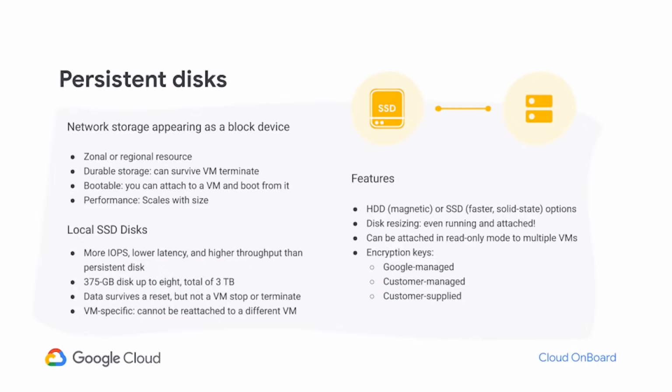And if you're looking for non-persistent storage, then local SSDs are the best, where you get the maximum throughput and the lowest latencies, because they're physically attached to your virtual machines. And that's what persistent disks are about.